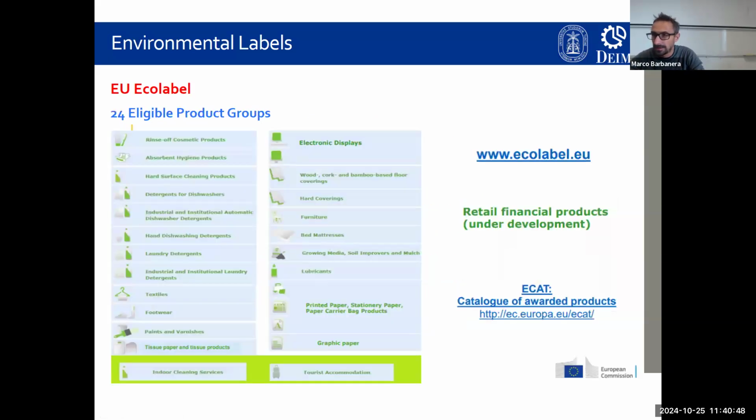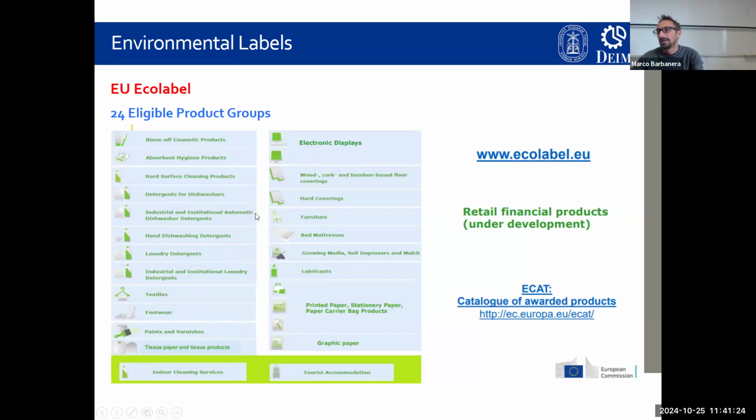Actually, we have 34 different product category groups for which we can find the thresholds in terms of different environmental criteria. So, for example, you have electronic displays, textiles, footwear, paints and varnishes, graphic paper, tissue paper.